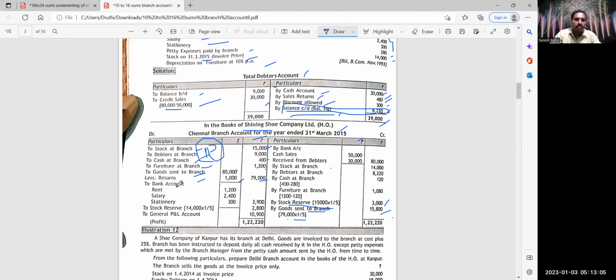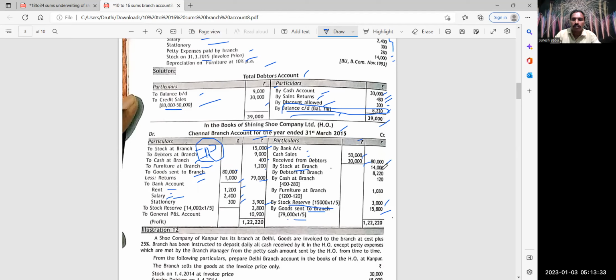Then expenses sent to the branch, to bank account: rent, salary, stationery, and there is also petty cash. 1,200, 2,400, 300, total 3,900 rupees. There are cash sales and cash received from debtors, bank account and debtors to branch account, 50,000 and 30,000, total 80,000.